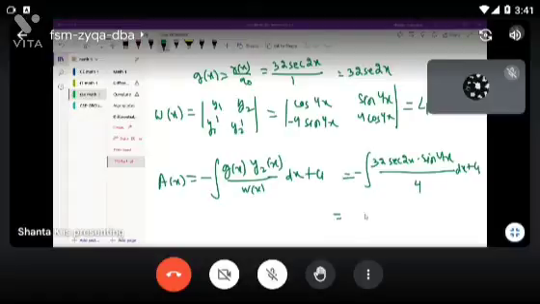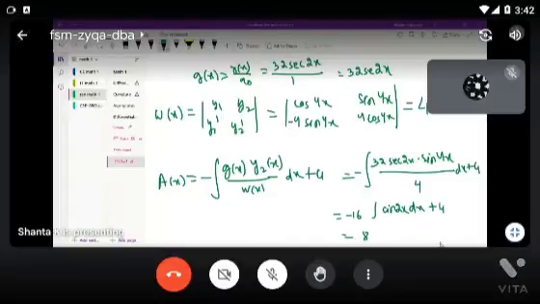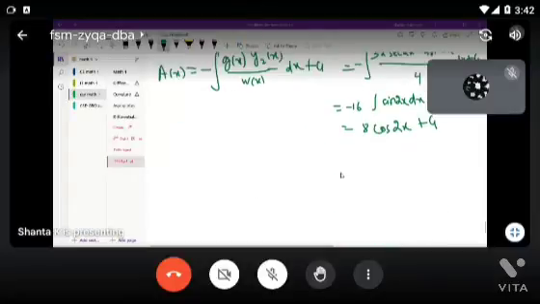Or you can write it as minus 16 sin 2x dx, plus c1, and we are getting 8 cos 2x. Okay, so this is your A(x).